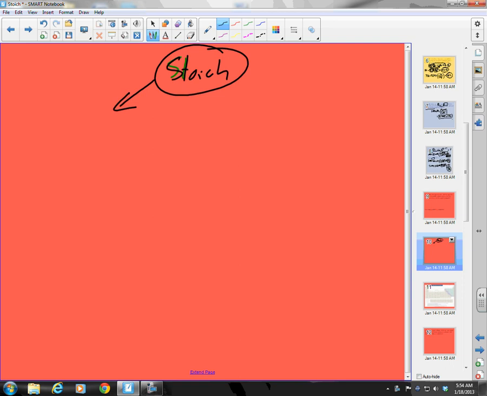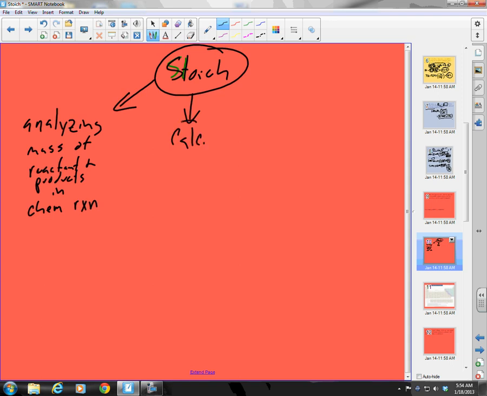We are essentially analyzing the masses of reactants and products in a chem reaction, right? And we're showing the relationships between them. We're able to predict things. And we have some problems that we can do. We can do different kinds of calculations. And they all really run off of one idea, right?